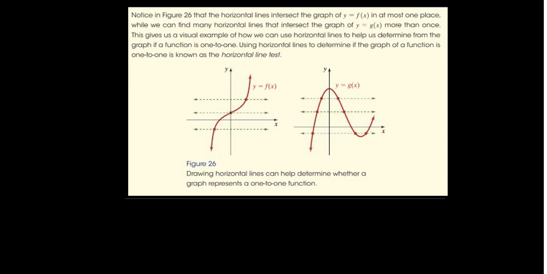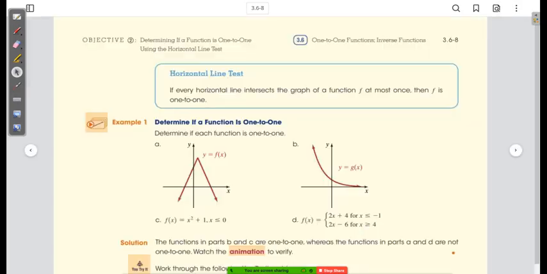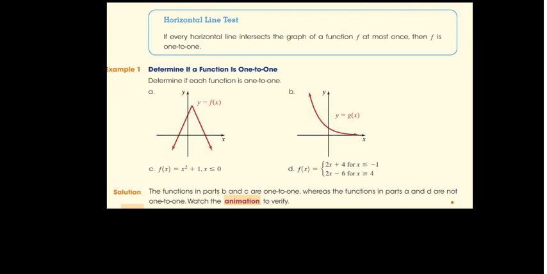A horizontal line test will help you determine if a function is 1-to-1. So easy enough, right? I'm just going to go ahead and snip this solution as well because it's pretty clear. All right, so again, we reiterate our horizontal line test there.